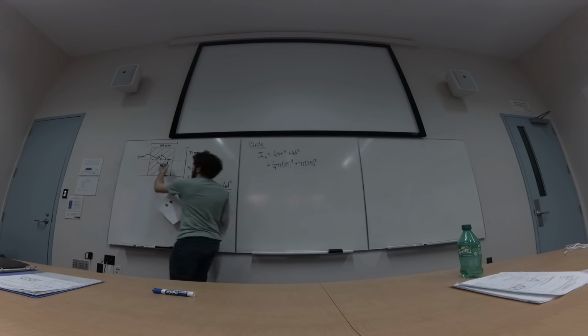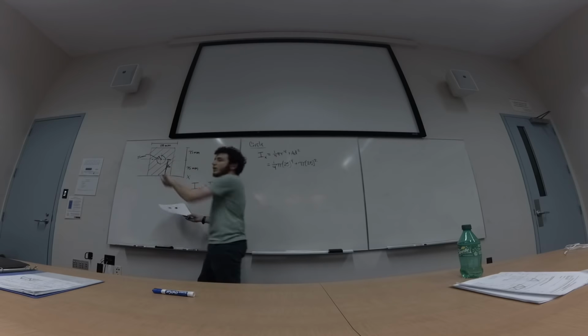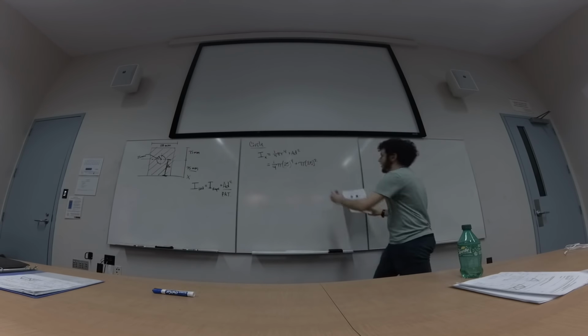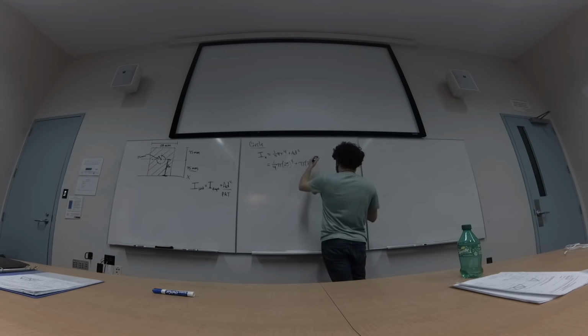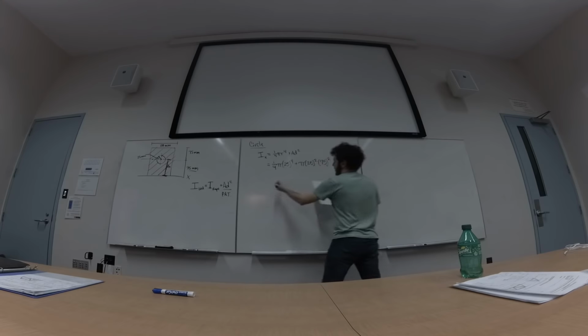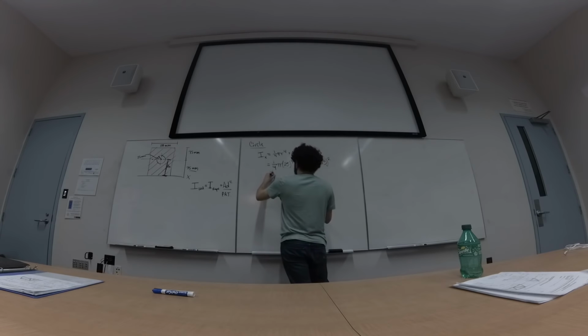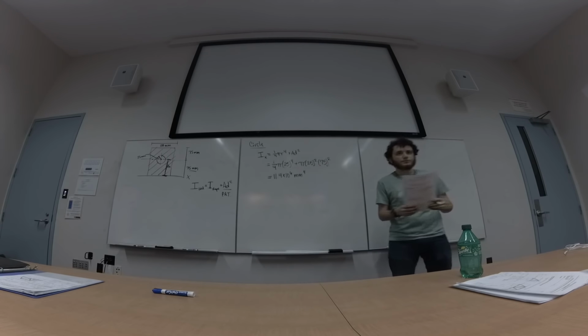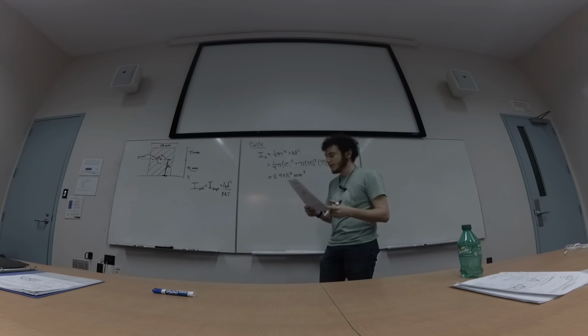They are kind enough to give that to us: we have 75 millimeters there. So we're going to have 75 squared, and that gives us 11.4 times 10 to the 6th millimeters to the 4th. Is everyone okay with how we found that?